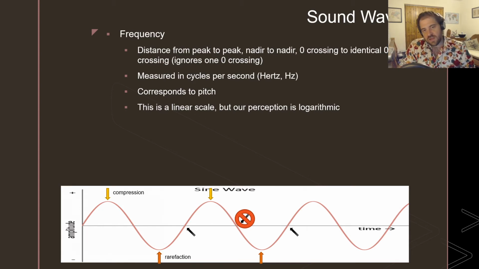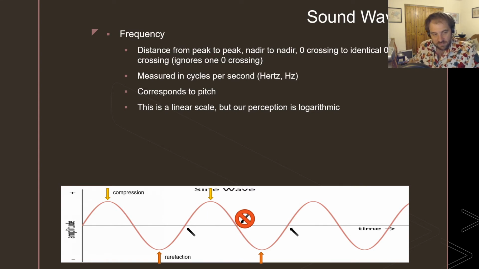So the question then is, if our perception is linear, which it's not, but if it was linear, then we would expect that there's one A at 440 hertz, then we jump 440 hertz to 880, and then our next A would be 440 hertz away from 880.